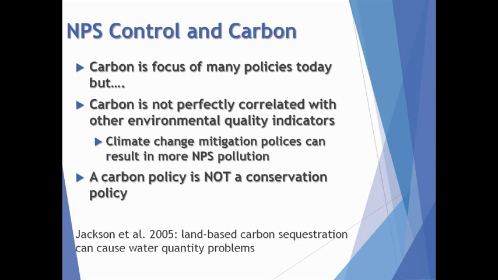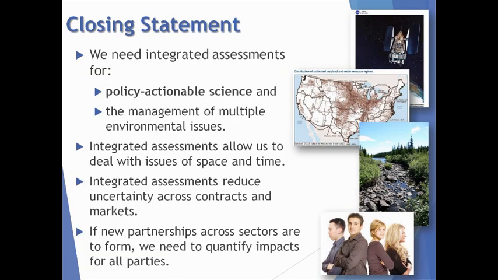Another really good example is from a paper that was published in Science in 2005 that essentially illustrated the fact that using land-based carbon sequestration via afforestation in some parts of the world could cause water quantity constraints and therefore have unintended consequences that way. So in conclusion, it's becoming more important as we value a broader spectrum of environmental goals, or as we better understand ecosystem services and the services that come from nature.